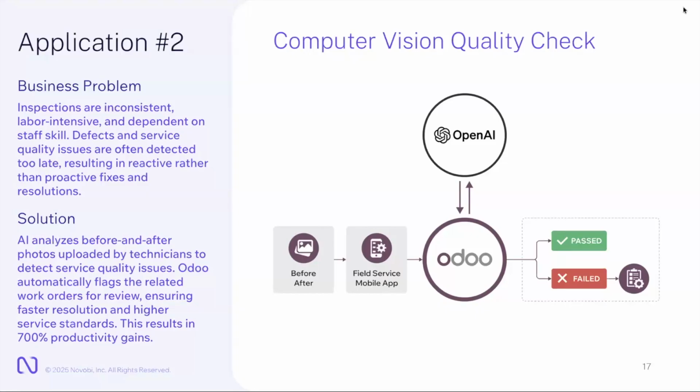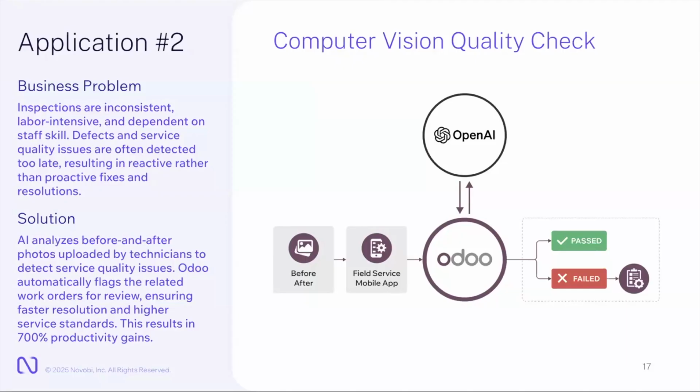After we deployed this, they only look at the ones with quality issues, and it results in about 700% productivity gains. Once AI looks at those images and categorizes the issues, it can also suggest a score to decide whether the quality check is passed or failed.